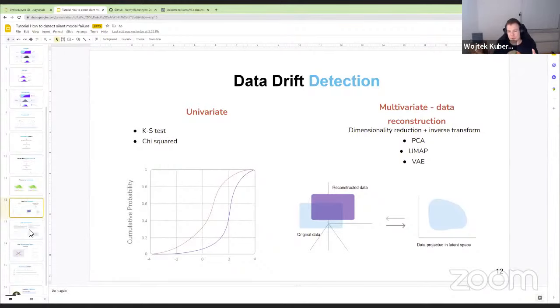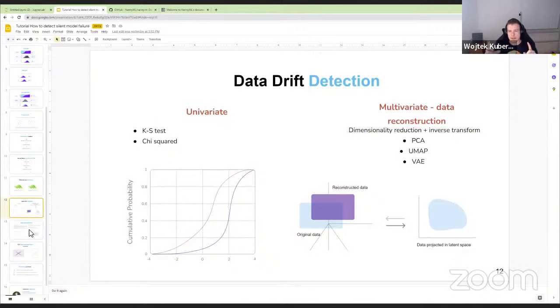Here, what we're going to do is take a dimensionality reductor that has some kind of inverse transform. It can be PCA, it can be manifold learning techniques like UMAP, anything that compresses or reduces the dimensionality of the data in some way, or even more powerful approaches like variational autoencoders.